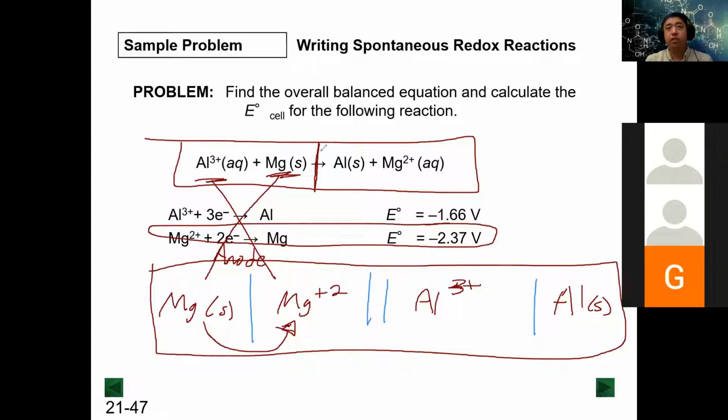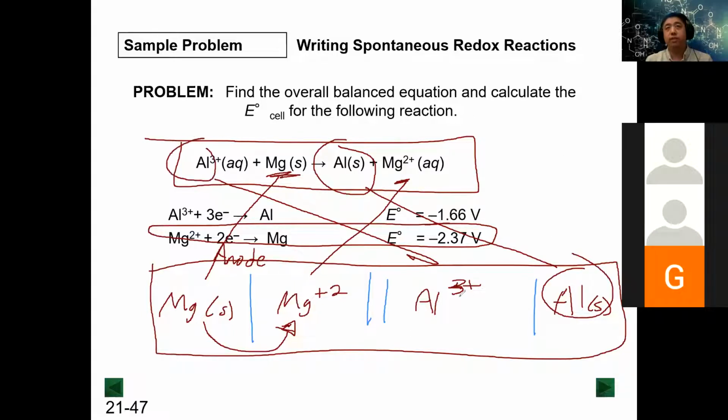And then you have the separation in the middle, right? Oh, I'm sorry, I drew that wrong. Okay, so this is on the same side on this one. This is on the same side over here, okay? So if aluminum solid is on the right side, it should be on the right side. This is on the left side, this should be on the left side. Okay? Any questions?